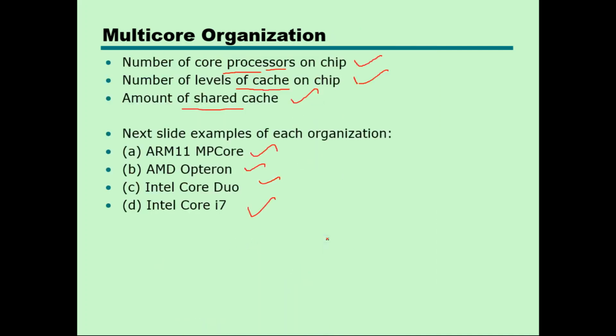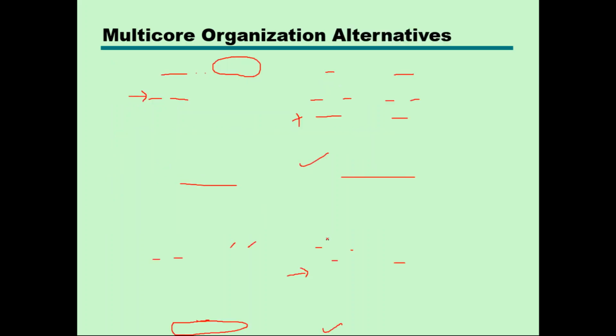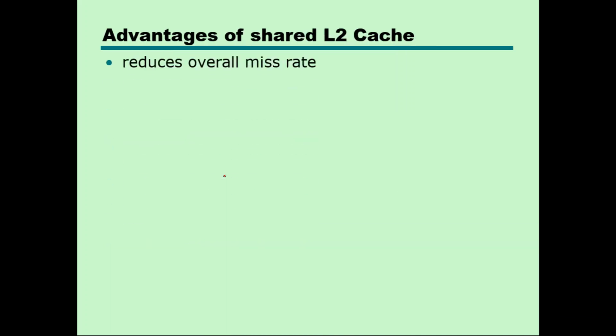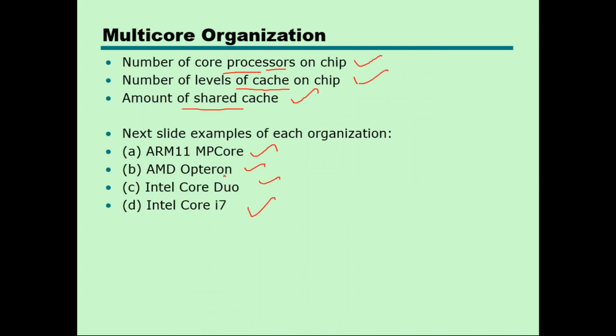So the ARM11 MP core follows this dedicated L1 cache. Similarly, the next one follows dedicated L2 cache, this one follows shared L2 cache, and this follows shared L3 cache.